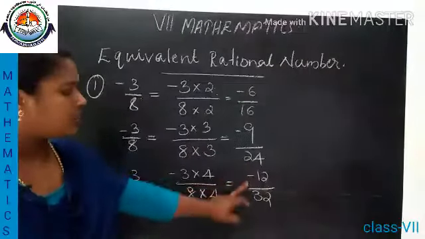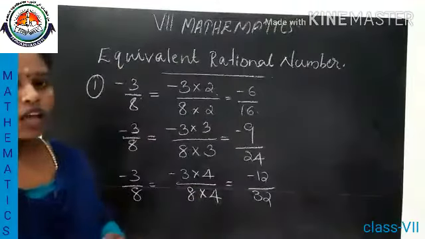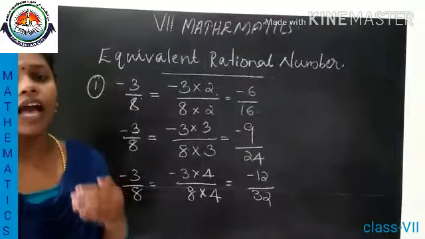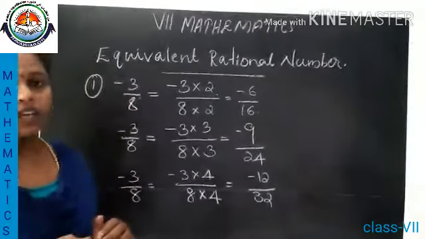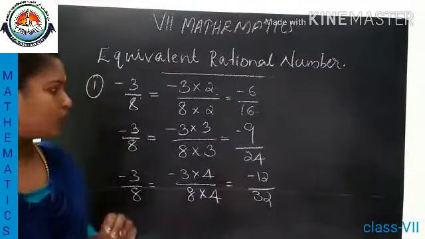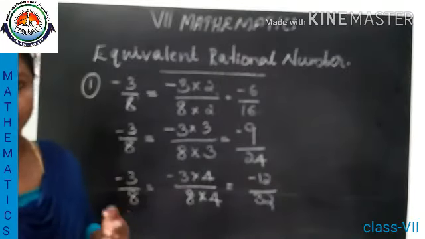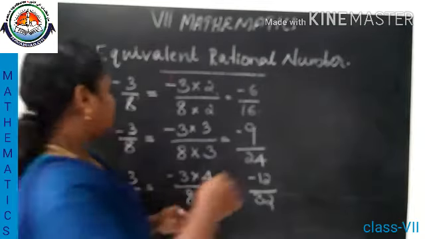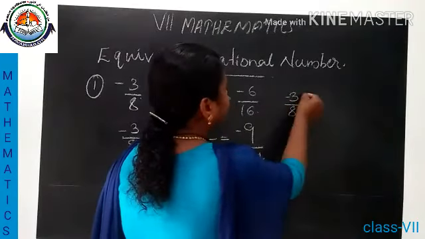These 3 rational numbers are equivalent to negative 3 by 8. Our question is find 5 equivalent rational numbers for negative 3 by 8, so we need to find 2 more. We can multiply by 5 or 6.